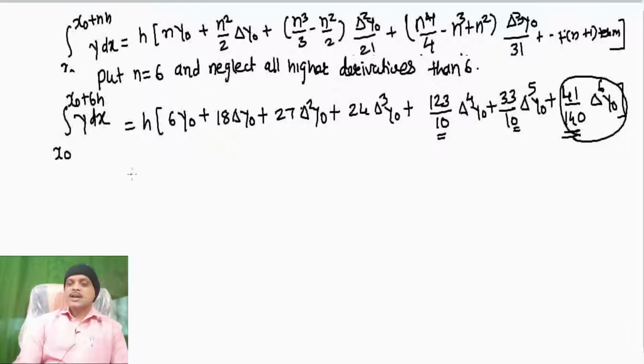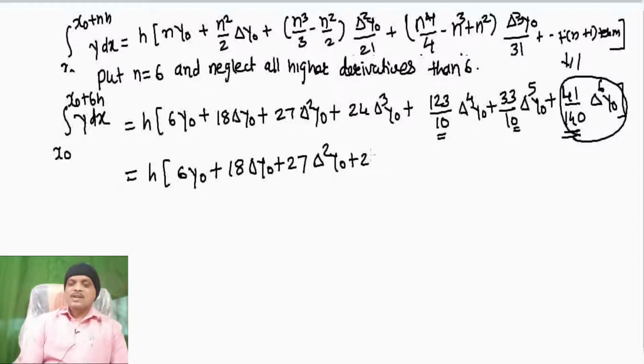This is the one adjustment we have made to derive this formula. In all other formulas there is no adjustment, but in this rule we have to make a small adjustment, and all other derivatives greater than 6 are neglected.